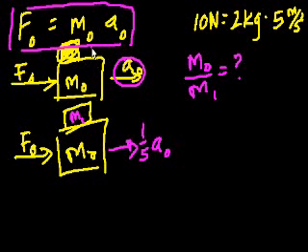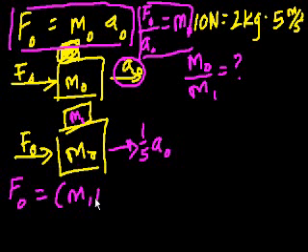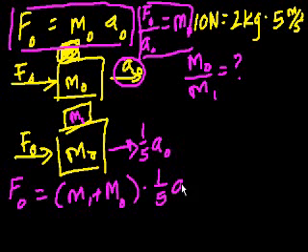And just for simplicity, let's write what m sub 0 is in terms of F and a. So we just divide both sides by a sub 0, and you get F sub 0 divided by a sub 0 is equal to m sub 0. Good. So let's just put that aside for a second. And let's do that same relationship here with this. So here, this relationship tells us that F sub 0 is equal to m1 plus m0 times this new acceleration, which is 1/5 a sub 0.